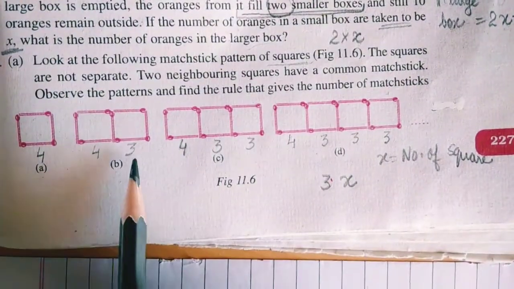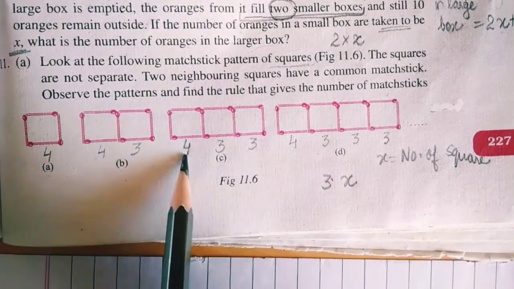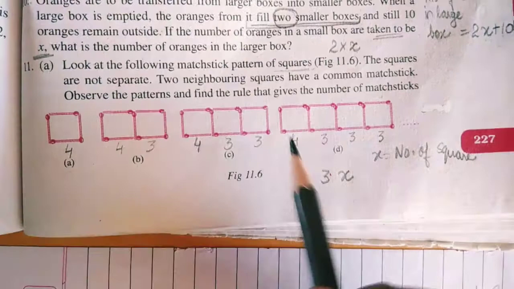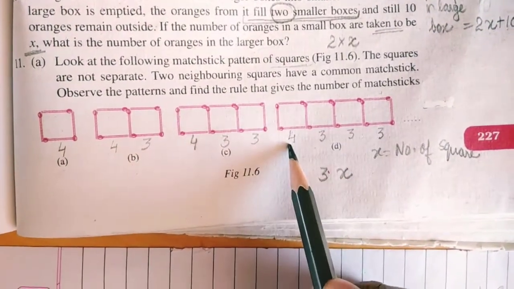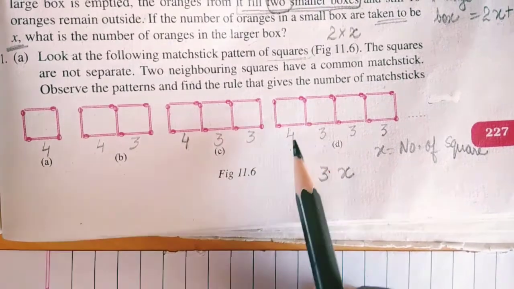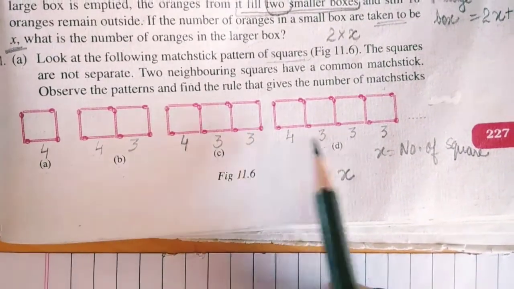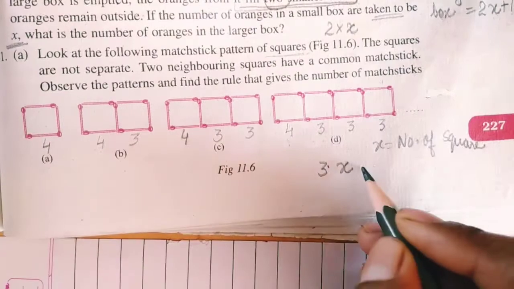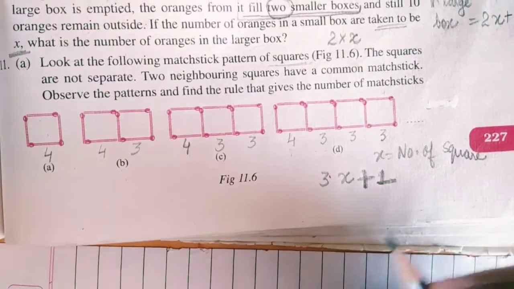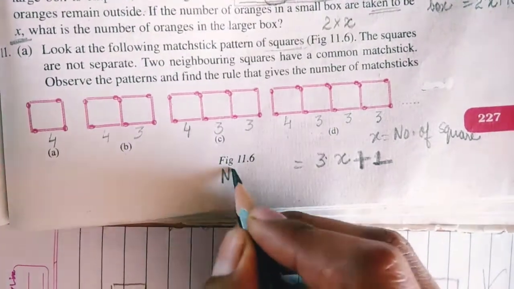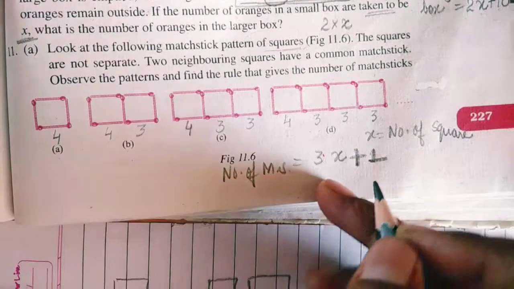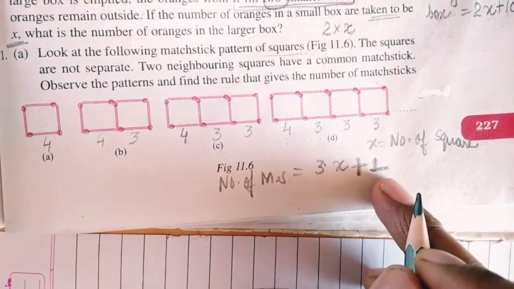And only here the starting square has 4 matchsticks. This 4 is only 1 greater than 3. So this 1 can be added to 3x. So the total number of matchsticks that we need is 3x plus 1.